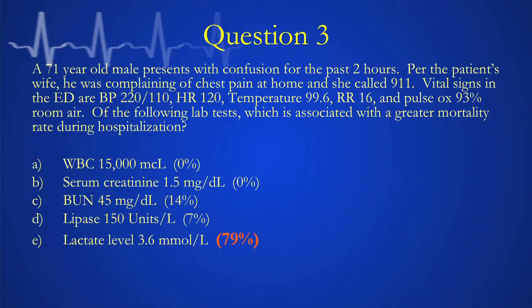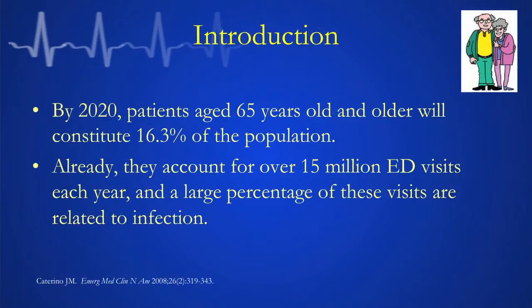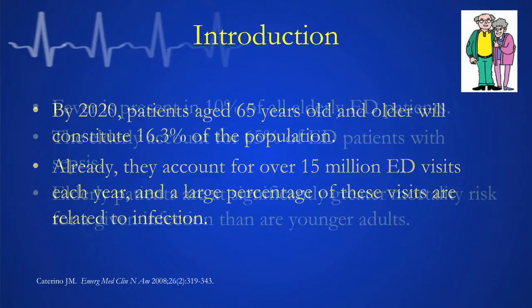Okay, so let's talk about why infection in the elderly is really important and how you guys can relate to this, I'm sure. So by 2020, which really isn't that far away, patients age 65 years old and older will constitute 16.3% of the United States population. Already, they account for over 15 million emergency department visits each year, and a large percentage of these visits are related to the complaint of some type of infection.